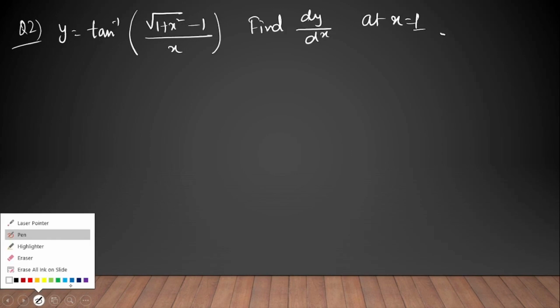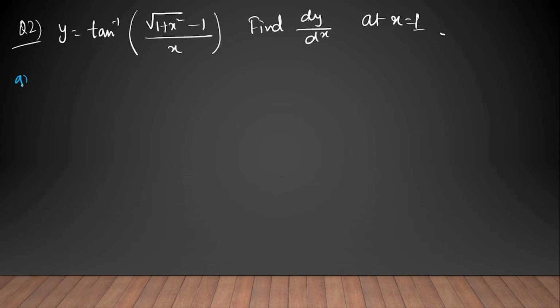I am writing down the options. Option A equals 1 by 2, option B equals root 3 by 2, option C equals 1, option D equals 1 by 4. Okay, pause the video and try to solve this question in your own copy, and after solving the question come in the solution. Okay, let's start.